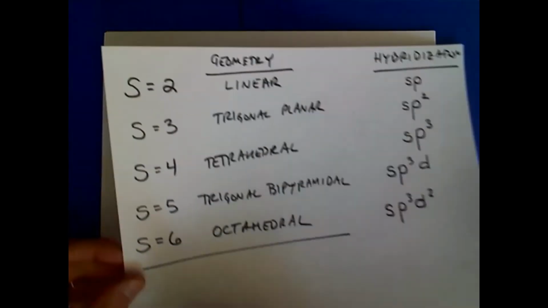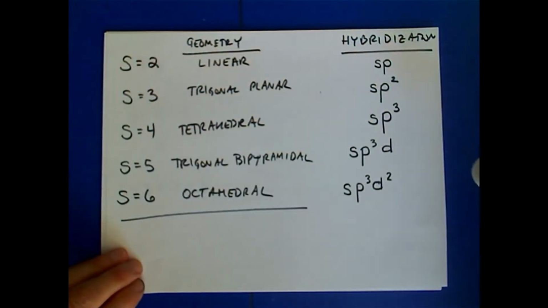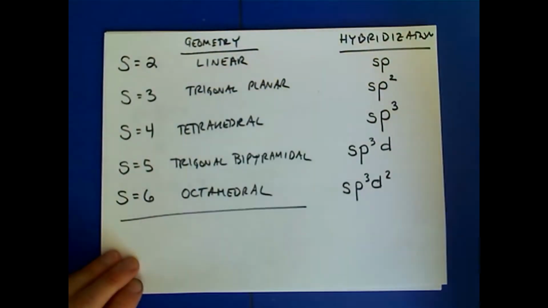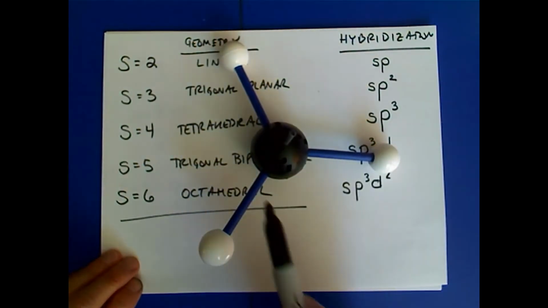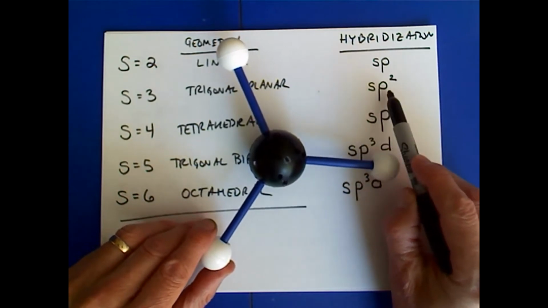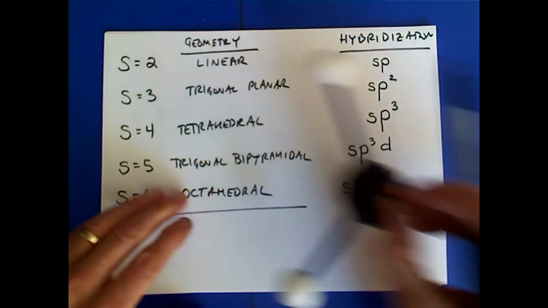If we look at our chart, for a steric number of 3, the electron pairs are going to arrange themselves in a trigonal planar arrangement around the central atom. And that trigonal planar arrangement of electrons is going to result from sp2 hybridization of orbitals on our central boron.